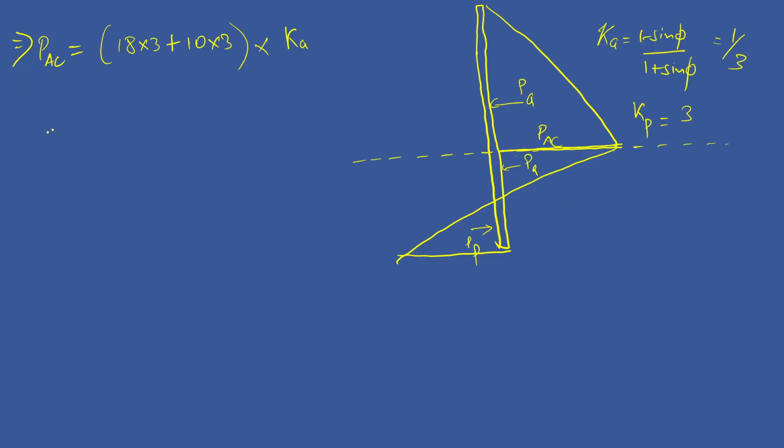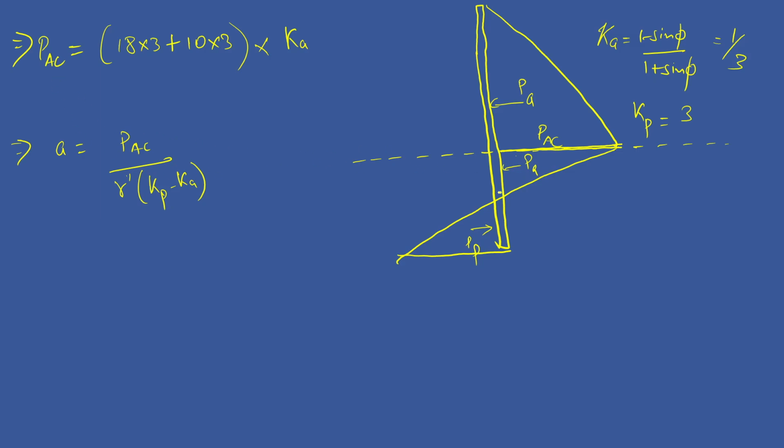So your A value is basically given by PAC, which is your gamma dash Kp minus Ka. How are we getting this? Let's look into that. So this is your gamma dash.